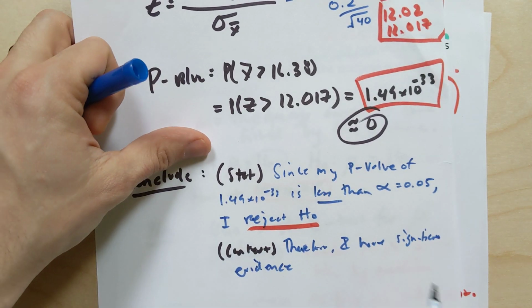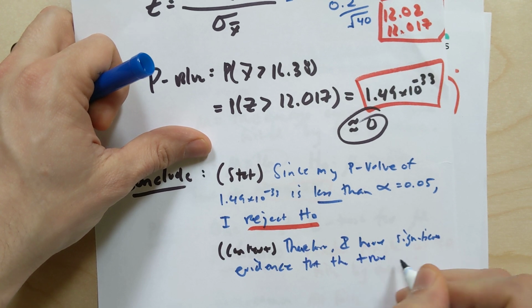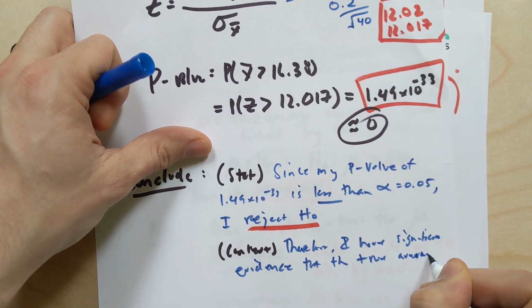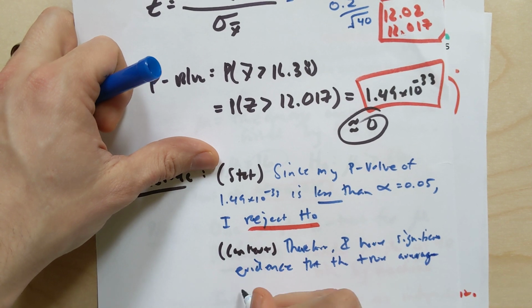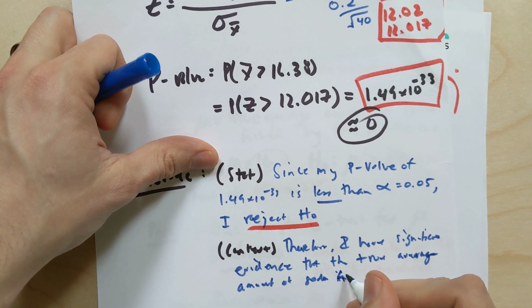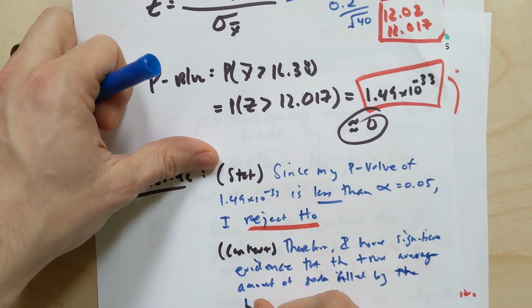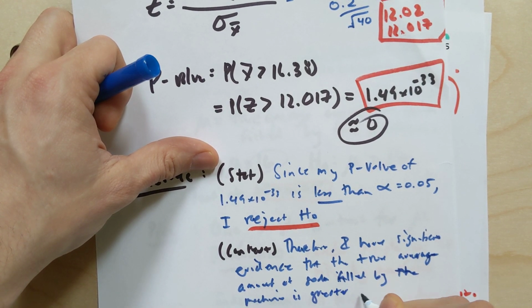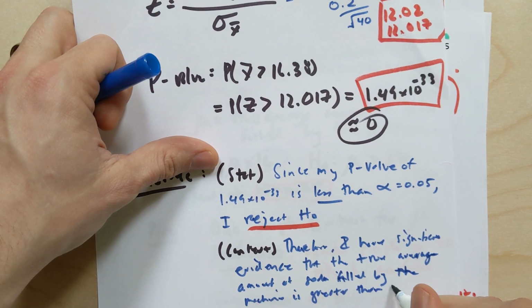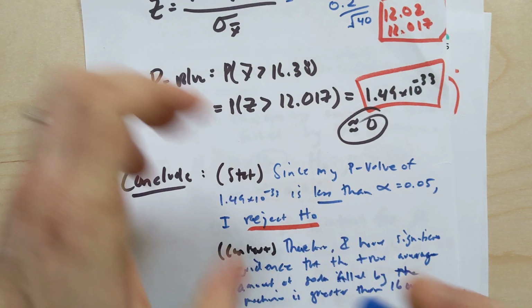So in this case, I have significant evidence that the true average amount of soda filled by the machine is greater than 16 ounces. That would be my conclusion.